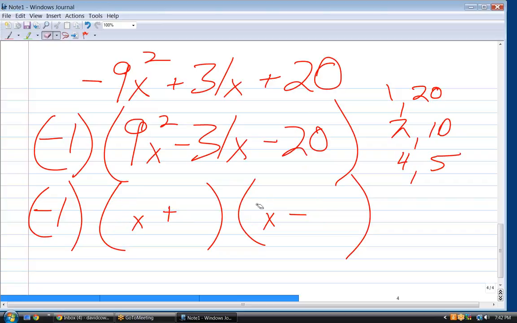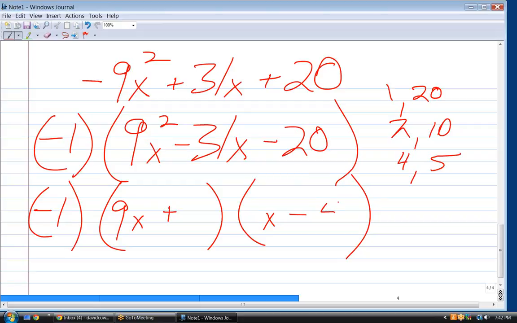So now let's go back and try 9x and 1x. What works here? 2 and 10 doesn't work. 4 and 5 might.